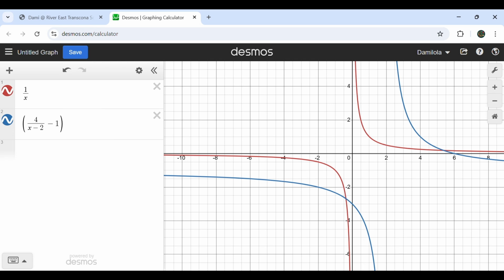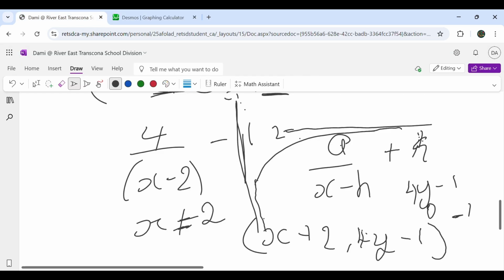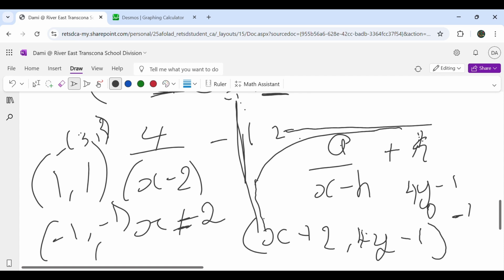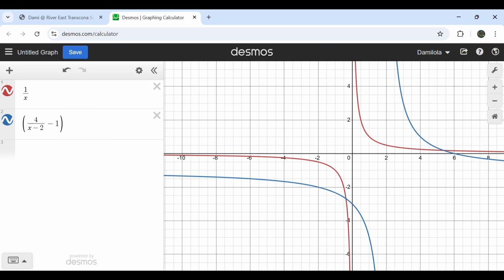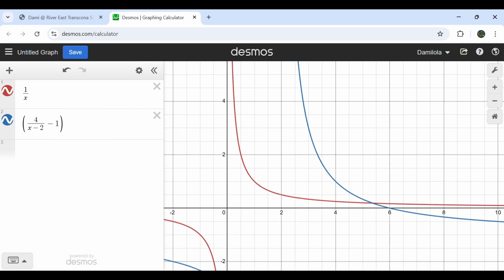So let's see that. Okay, we have 2 different graphs. Oh, another thing is you also have to find the graph when it's 1, 1 and negative 1, negative 1, which in this case would be 3, 3 and 1, negative 5.